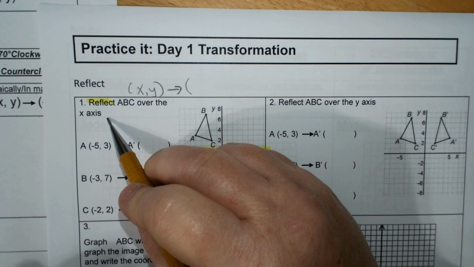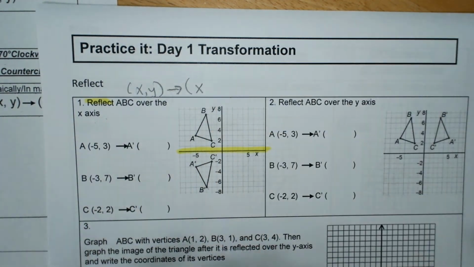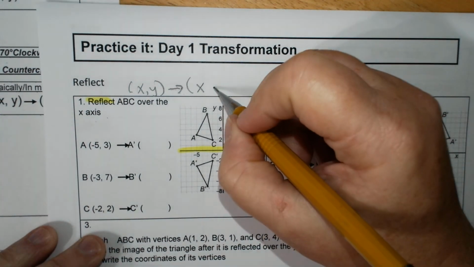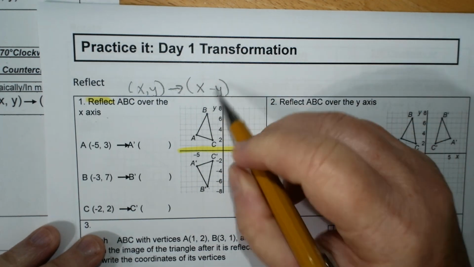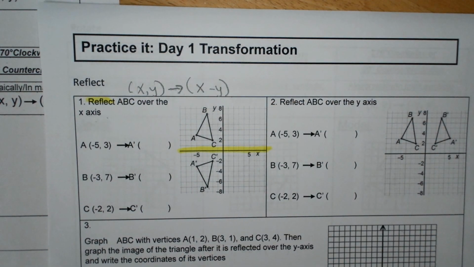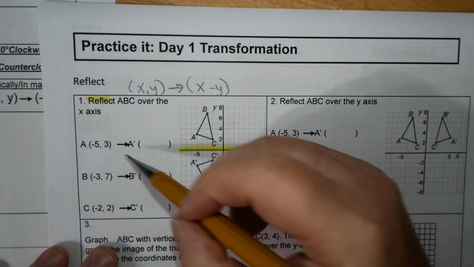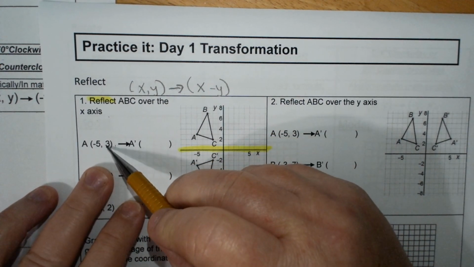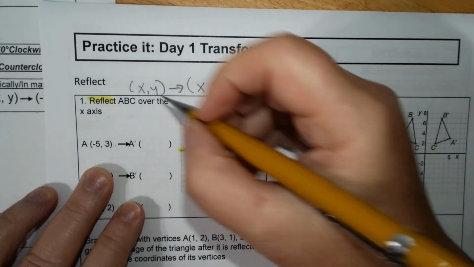Because it's going over the x-axis, x is the most powerful one. Because we're going over the x, it's powerful. And when it's powerful, it just really irritates y, so it changes y's sign. So if I'm doing this, I can do it from the coordinates.